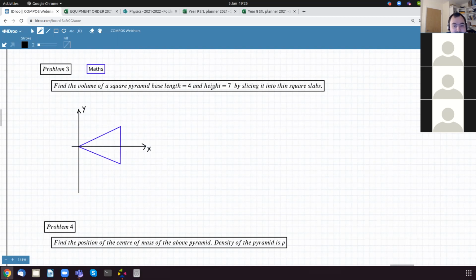So the height is 7. So the height of the pyramid is this. So that's 7, that's 0 to 7. And the base length is 4. So this is 2 and 2. So this is 2 and minus 2.